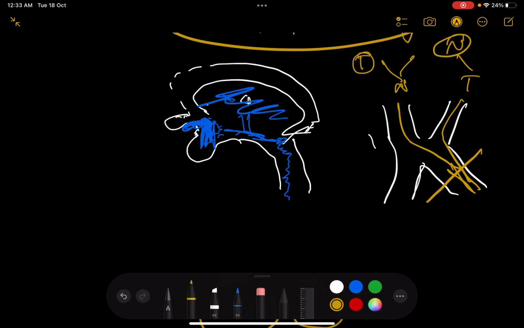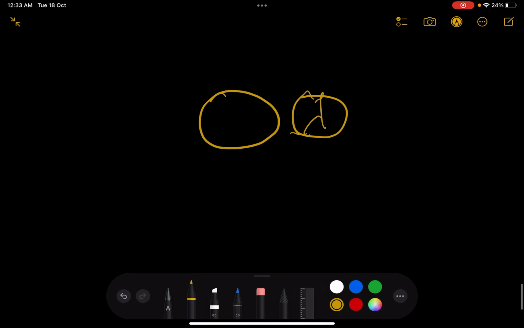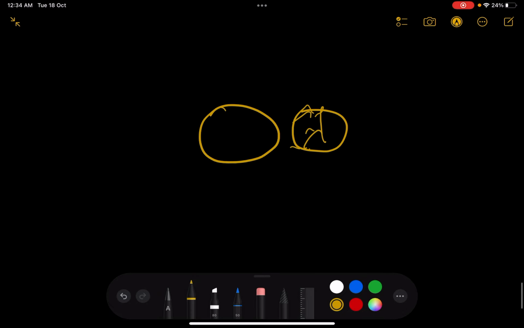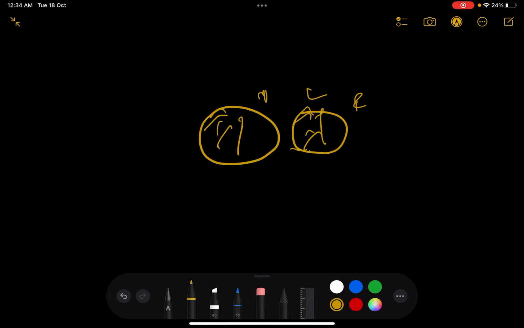So what's going to be lost? Obviously the nasal field is going to be lost, and here the temporal field is going to be lost. So now you can say right, left, right, left.